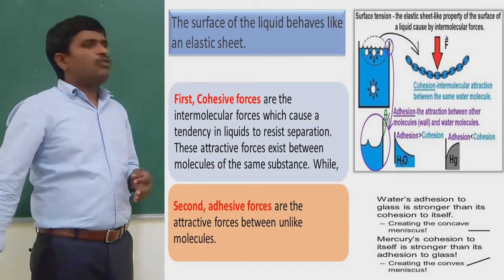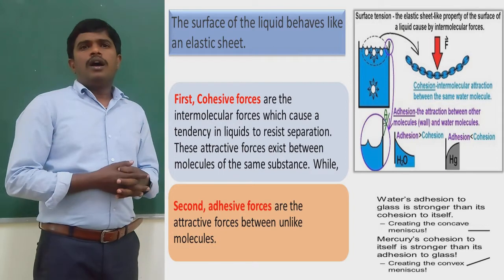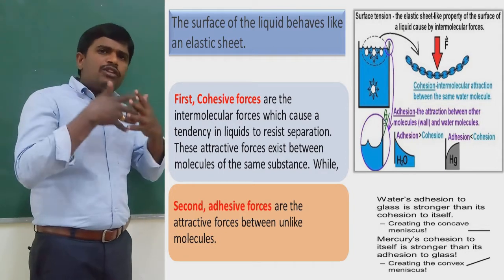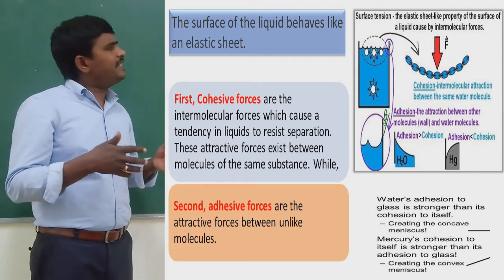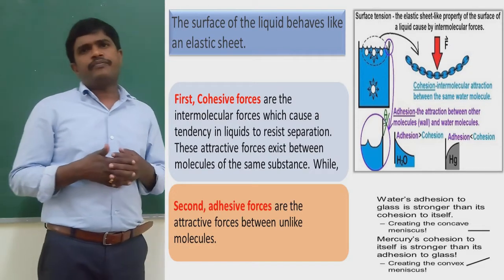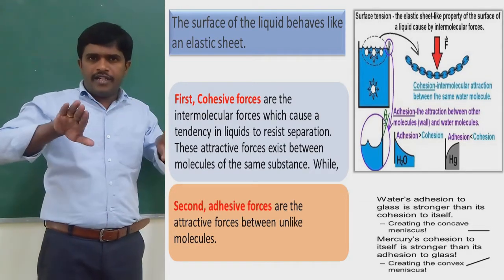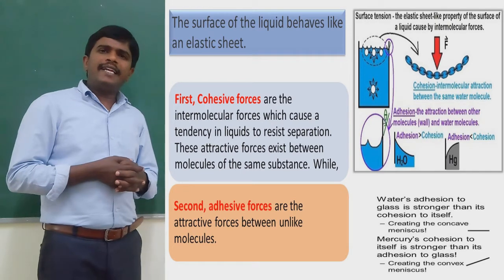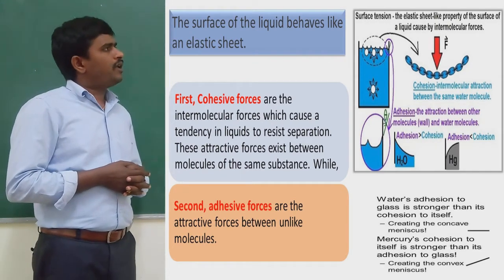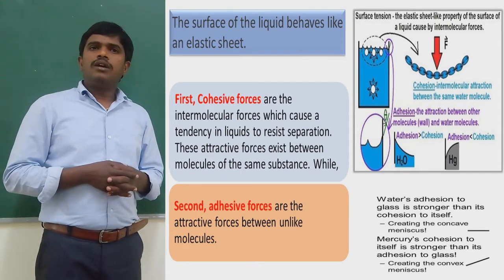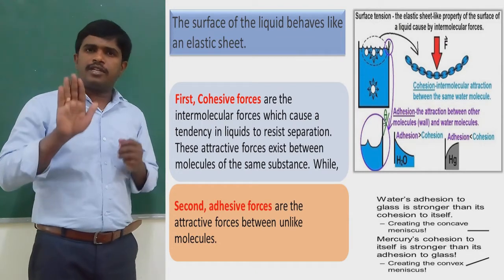First one, cohesive forces. Cohesive forces are the intermolecular forces which cause a tendency in liquid to resist separation. These attractive forces exist between the molecules of the same substance.